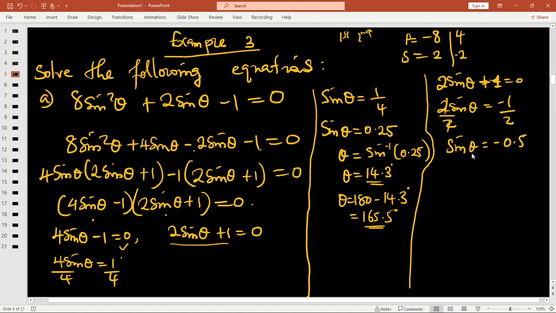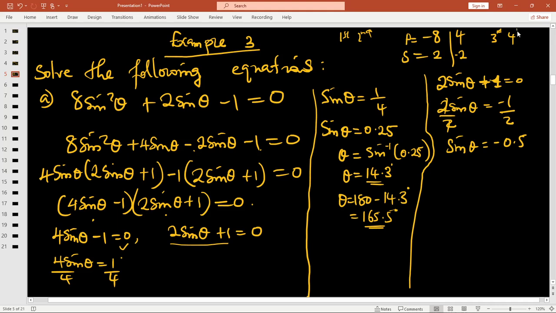So now, in this case, we have a sine function being equated to a negative number. So this simply means that the solutions for this function are supposed to come from the third and fourth quadrant, since that's where the sine function is negative.